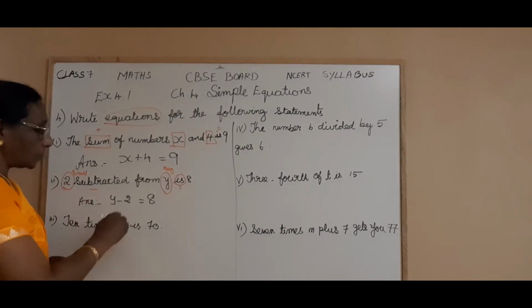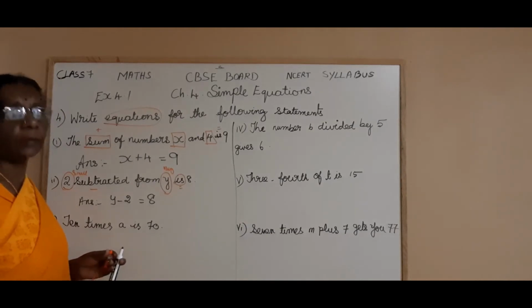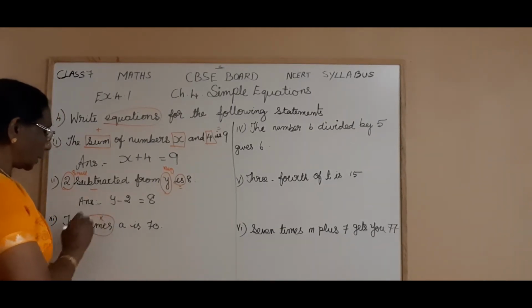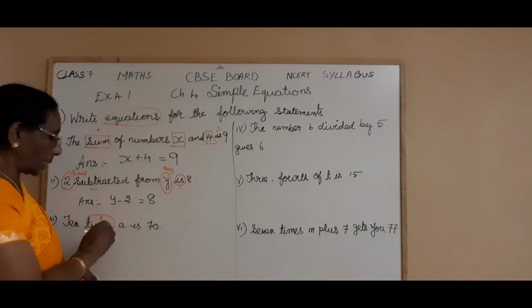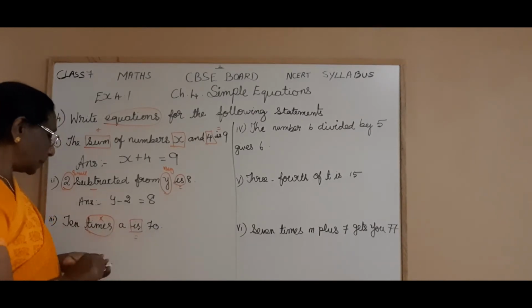And now next. 10 times a number is 70. Come on, let us recall. Times means what operation? Multiplication. Good. Times means multiplication. 10 times a. The number is denoted by the letter a. Is means equals. What? 70.